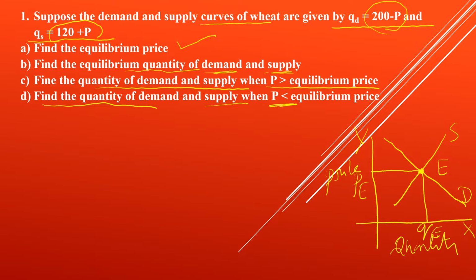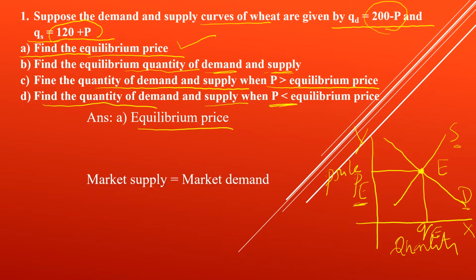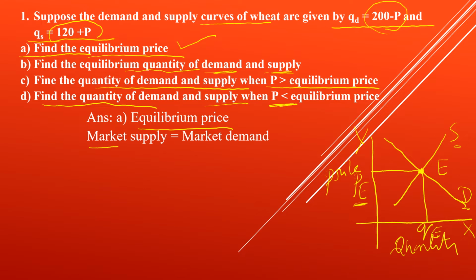Now let us discuss how to find the equilibrium price. First one is equilibrium price. We know that when demand is equal to supply, you can find the equilibrium price. So let us write down market supply is equal to market demand.